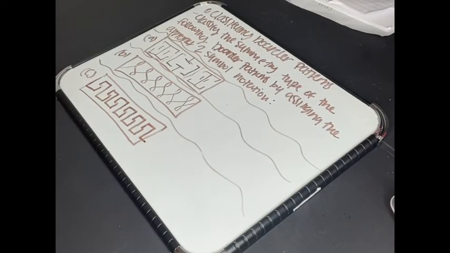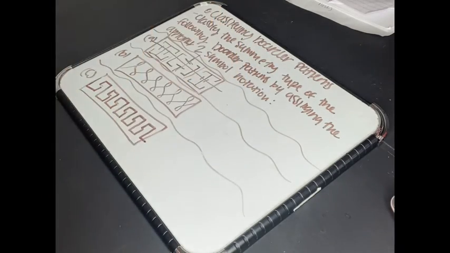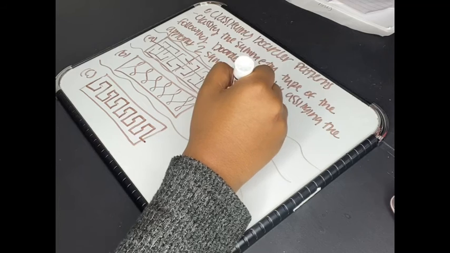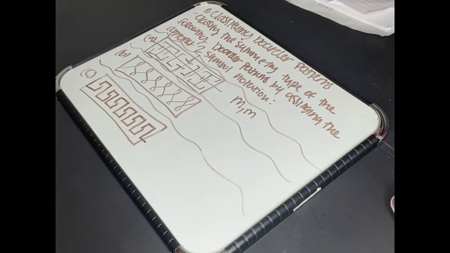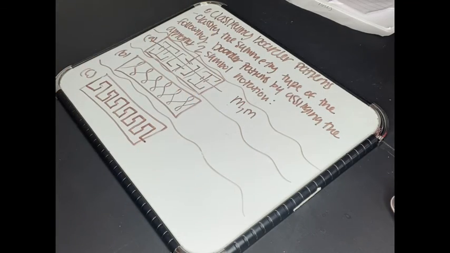Okay, so now we're classifying border patterns. Classify the symmetry type of the following border patterns by assigning the appropriate 2-symbol notation. So here we have a horizontal line and a vertical line, so that would give us MM, like the symbols we just talked about before. Here we do not have any lines of symmetry going vertical or horizontal, but we do have a glide symmetry.